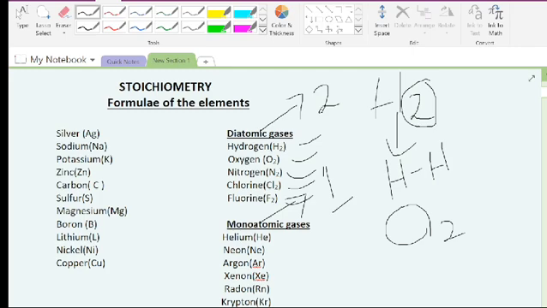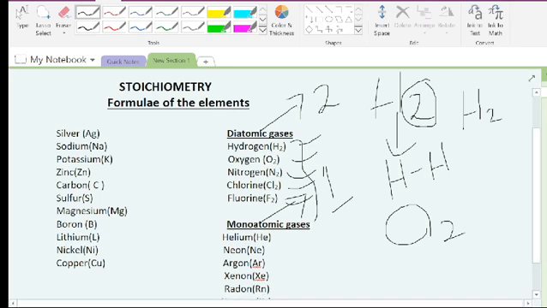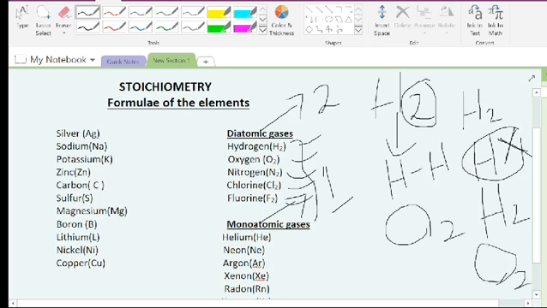So you always write these gases in the diatomic form, with the subscript, H2, not H. If you write it that way, it is the wrong way to write. You always write H2. You always write O2, not single O, not single H. I hope this will be clear now.